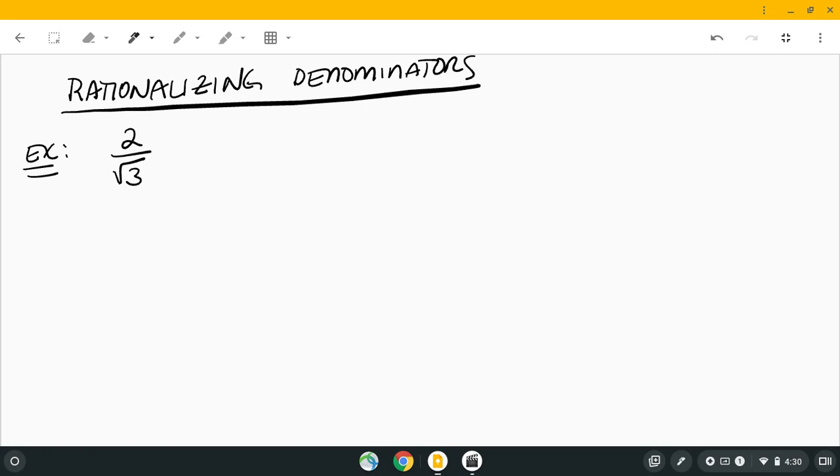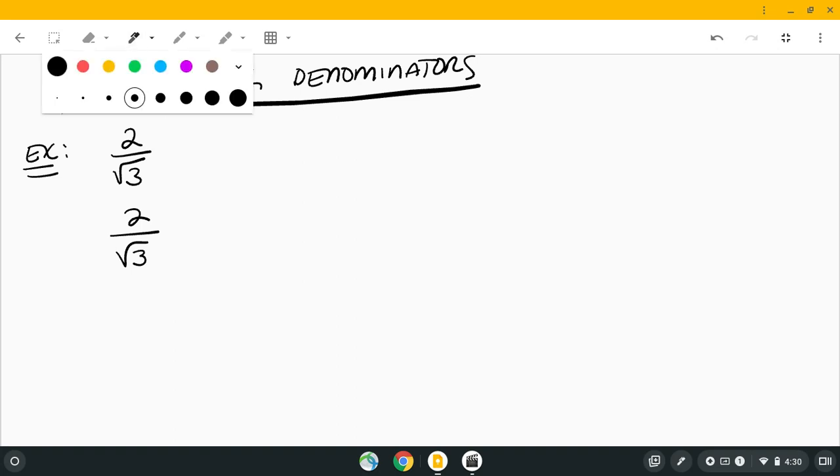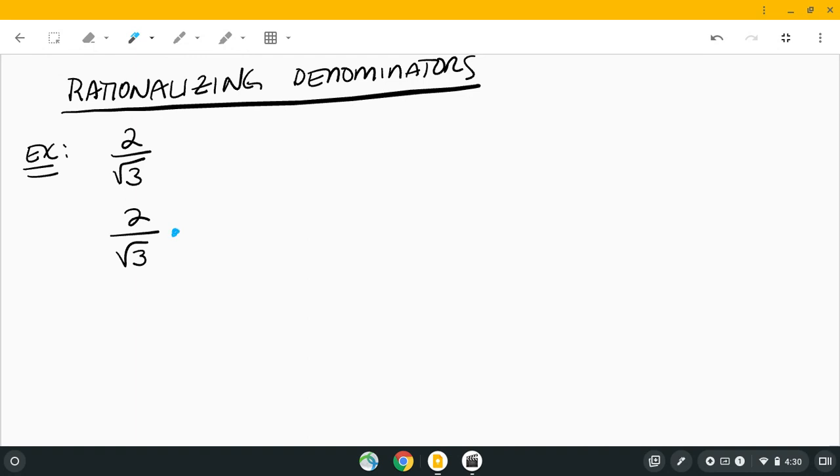Since we're dealing with a square root, we want to have a perfect square over here. So 3 is not a perfect square. However, if I multiply it, let me go ahead and use blue, if I multiply this by the square root of 3, then I end up with square root of 9, which is a rational number. So I'm going to multiply by 1, in the form of square root 3 over square root 3.